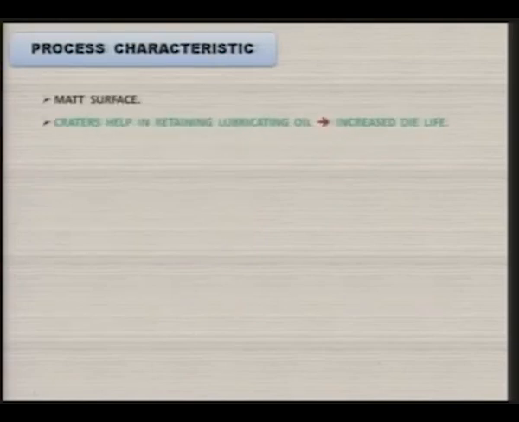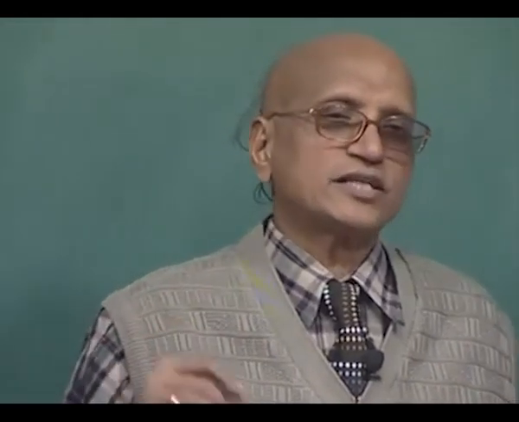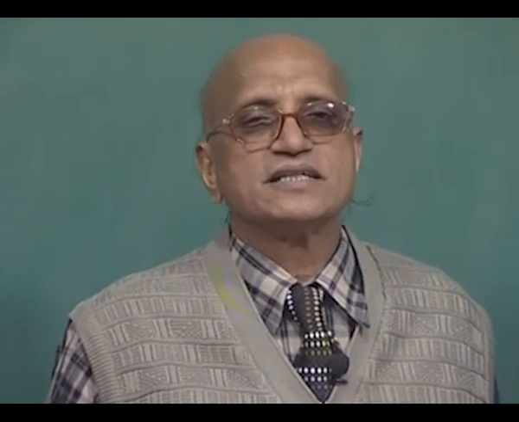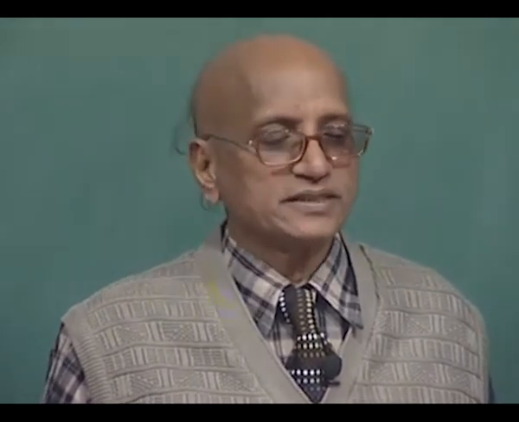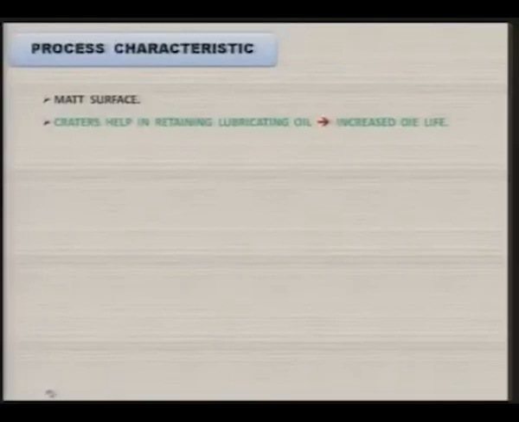Now, by the wire EDM process, the surface that you obtain is a matte surface, that means you have thousands and thousands of craters created on the machined surface, and these craters are overlapping, so that you have a matte surface, and this is good for retention of the lubricating oil, and it increases the life of the die.